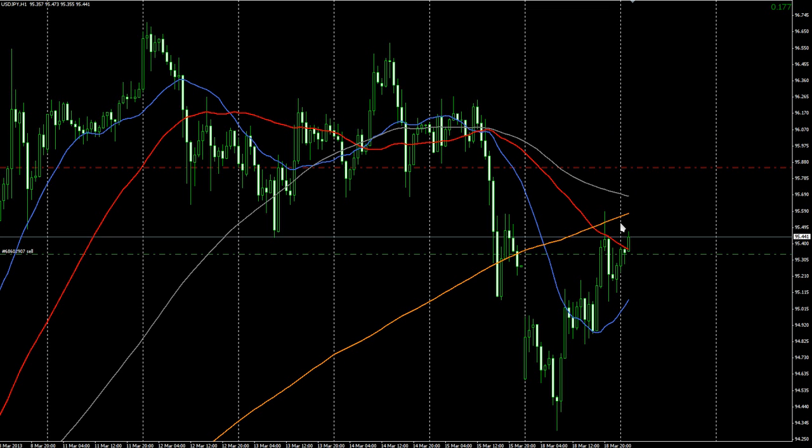And market has formed a reversal candlestick pattern, that is the shooting star, right at an area of important resistance, that is the 200 period moving average and the 50th period moving average.